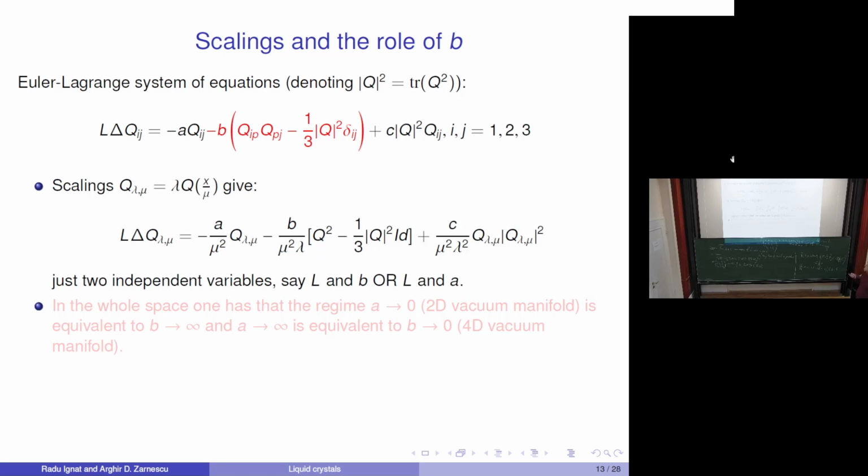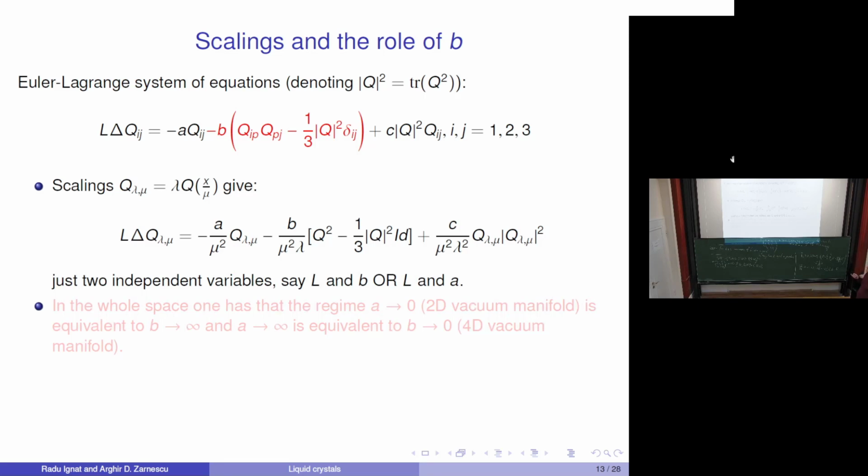So it's a system of, in principle, 9 equations, but as I said, out of the 9 components Q_ij, only 5 are independent. So you have 9 coupled equations, and here you have this Lagrange multiplier that enforces that Q has trace equal to 0.